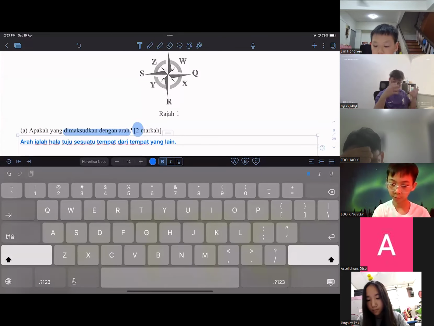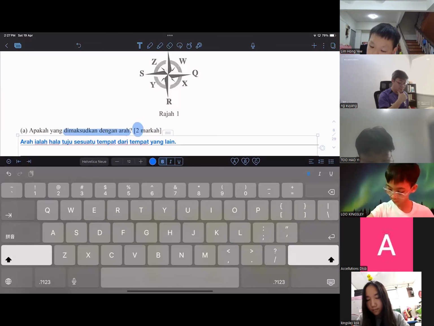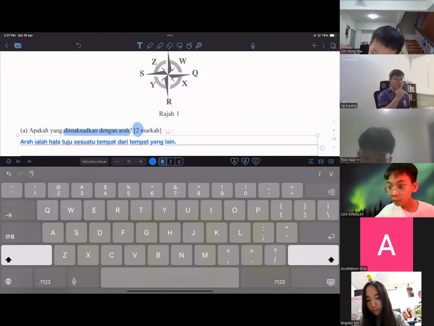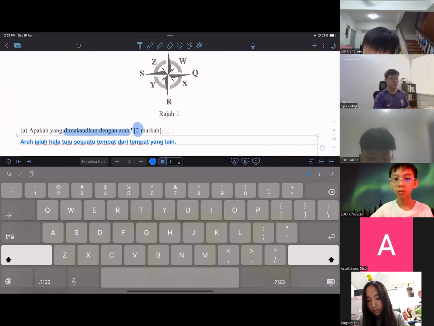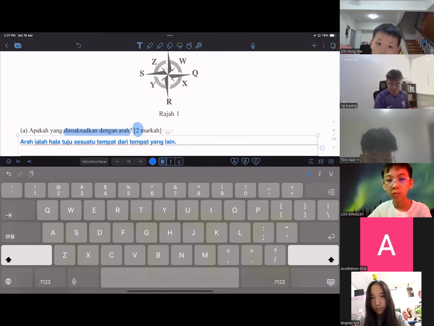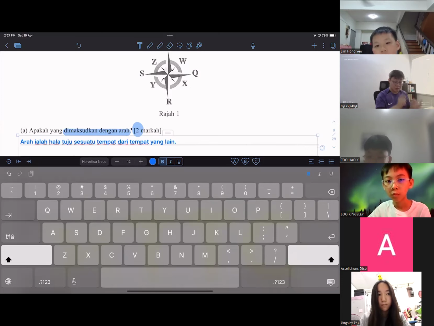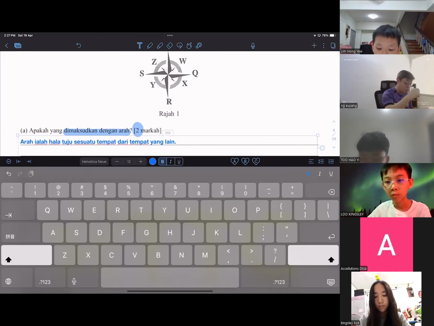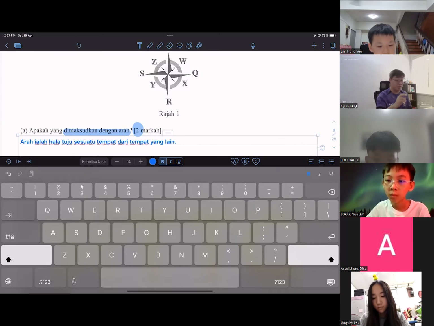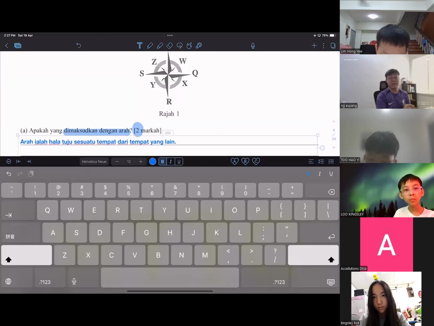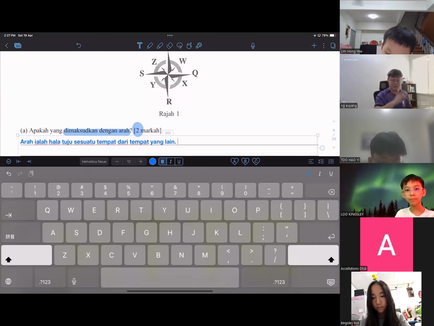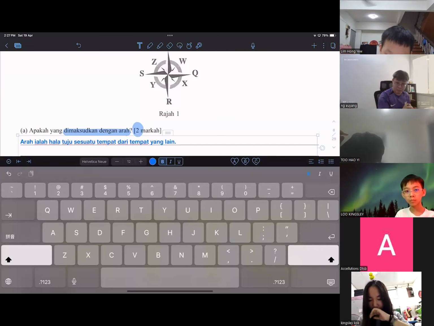If you want to mention how many arah mata angin, 8. If you want to focus on how many types of arah mata angin, 2. So just choose one to huraikan as your second mark. Because if you mention we have 8 arah mata angin and 2 jenis arah mata angin, that will be a total of 3 marks. That's why we answer according to the marks, just 2.